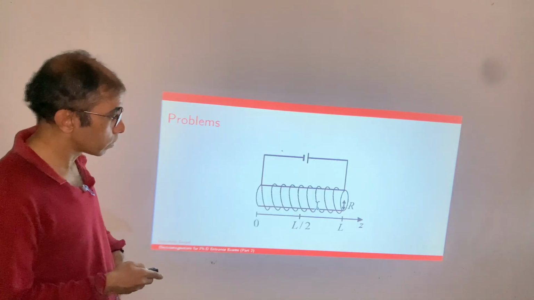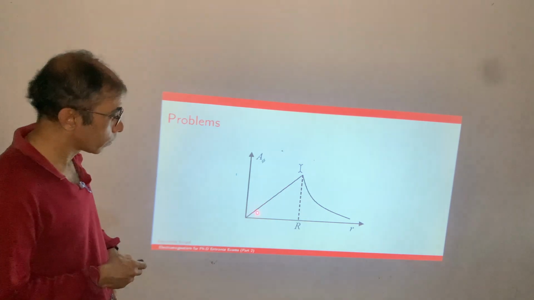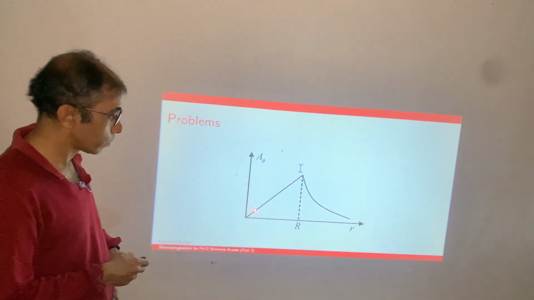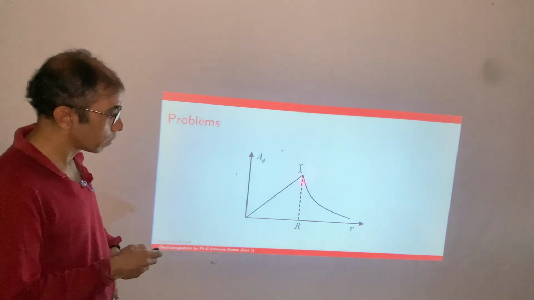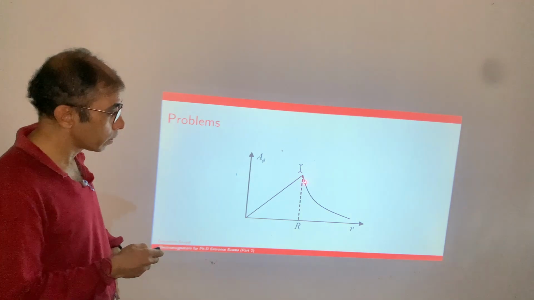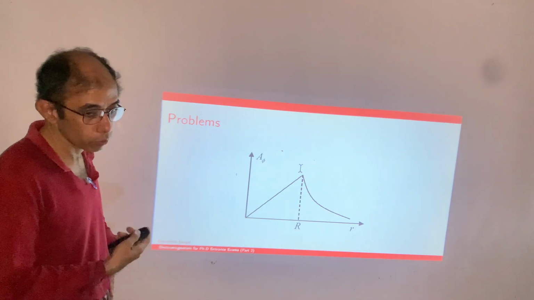So inside the solenoid, A phi goes as R, linearly increasing, and outside the solenoid, A phi goes as 1 by R. So it is like this. That is how we justify it.